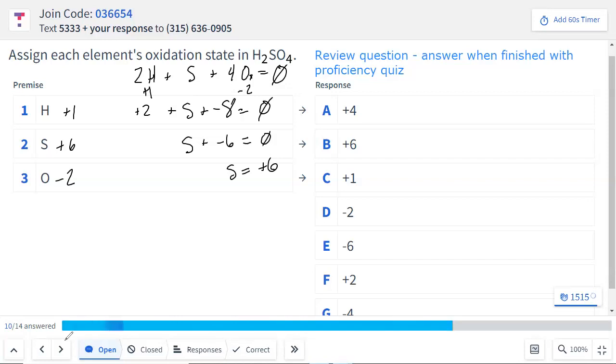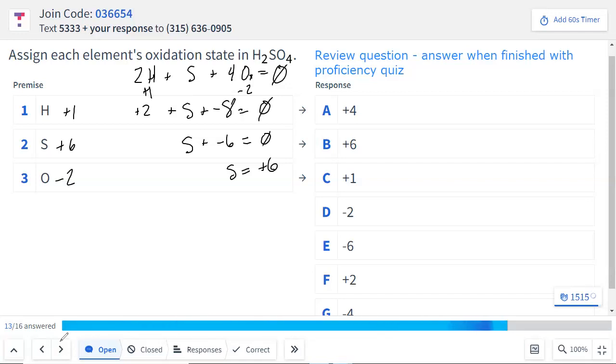Now, to address one of the questions that came up this morning: why aren't we putting hydrogen as +2 and oxygen as -8? Why isn't -8 one of the options here? What we have to remember about oxidation numbers is that they are assigned on a per atom basis.